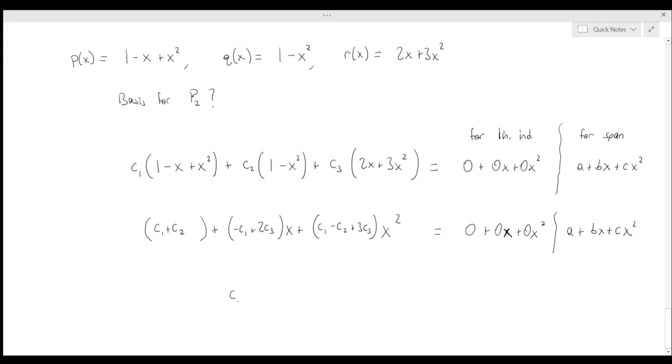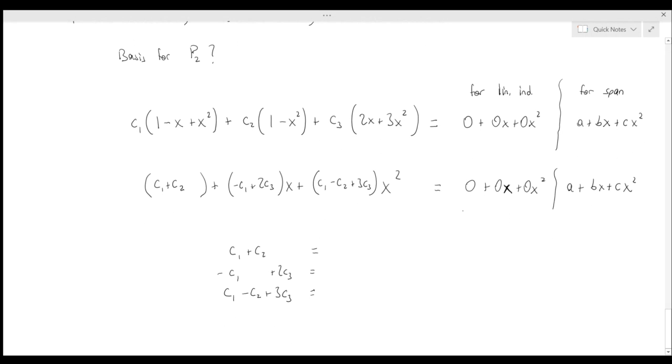So that will give me a system of equations. This would give me the left-hand side of that system of equations. Right-hand side would be zeros for independence. It would just be like A, B, C if I were checking span.